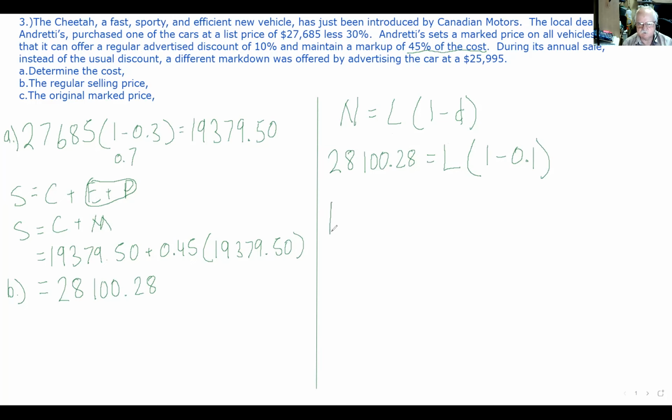So now we can just divide through: 28,100.28 divided by 0.9. And I see some answers up there. 28,100.28 divided by 0.9.